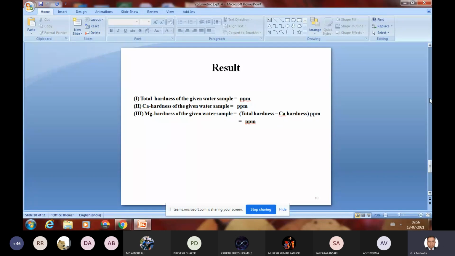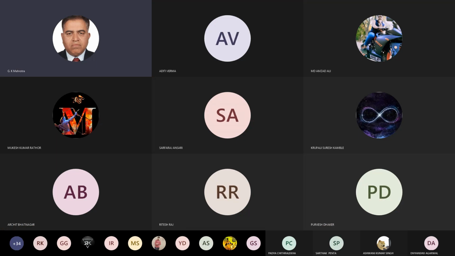Now I am stopping this explanation of this experiment. I have explained the theory as much as possible, barring the reactions involved, that I will expect from good students to write, the chemistry involved at the end point. If you write that, exactly that, and explain to me, I will give you full sessional marks.